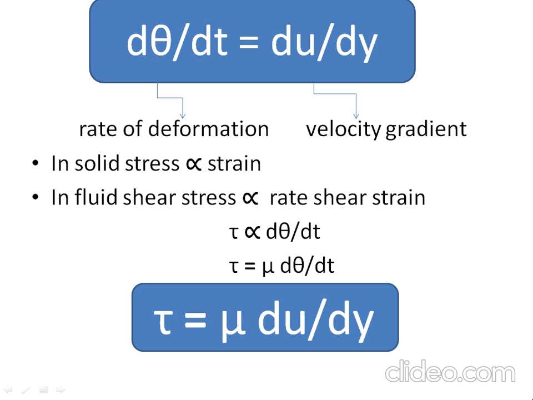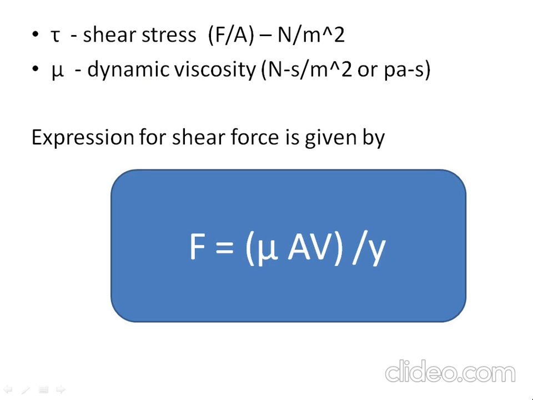Here tau is shear stress, mu is dynamic viscosity, and du by dy is velocity gradient. Expression for shear force is given by F is equal to mu A V by y. Here mu is dynamic viscosity, A is area, V is velocity of fluid and y is the vertical distance.